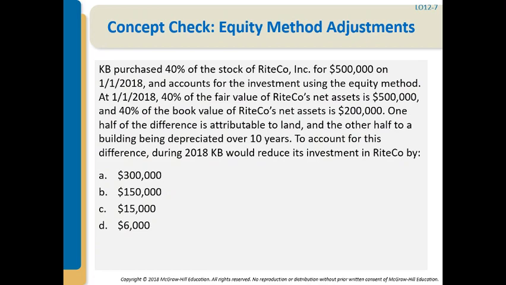All right, so we have another concept check. KB purchased 40% of the stock of Rightco for $500,000 on 1/1/18 and accounts for the investment using the equity method.